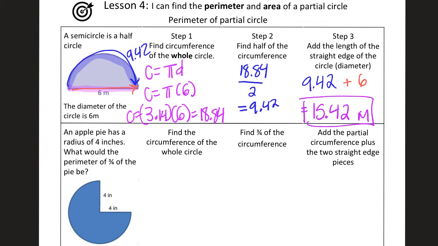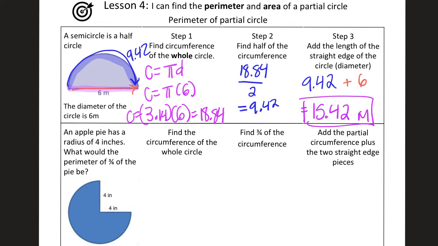All right, another example. An apple pie has a radius of 4 inches. What would the perimeter of 3/4 of the pie be? So if I filled it in, you can see that it's cut into 4 parts, and we took out one of those fourths, like someone ate it.